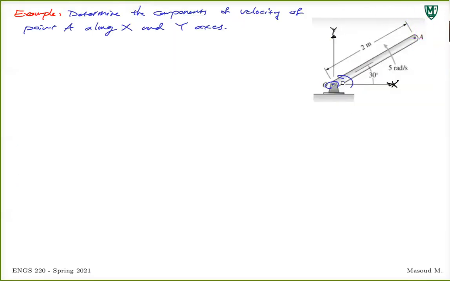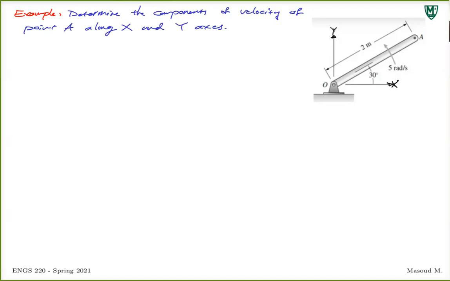So as I said, there are a few decisions you have to make. You have to decide where to put your local frame, what you want to attach it to, right? And which point you want to study. Now, in this case, it's pretty straightforward. Probably you're going to study point A, but sometimes it's not. Well, the next example, probably I'll do in the next class. So I'll go one by one.